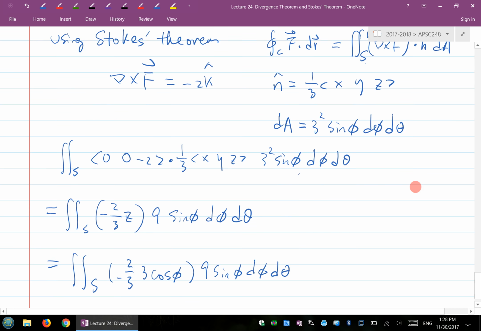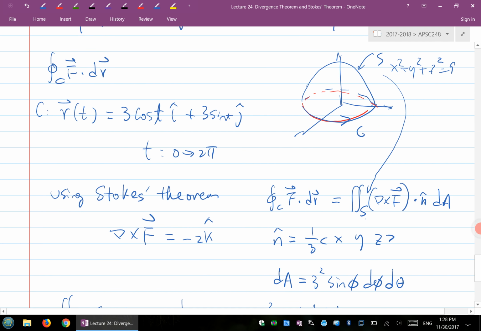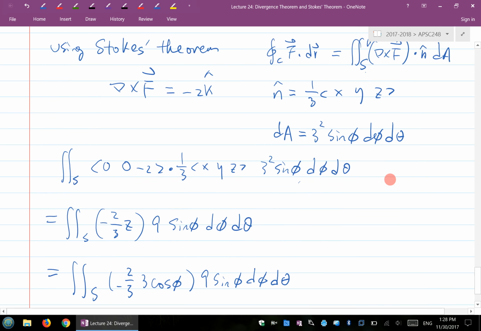The phi limits and the theta limits are based on the given half sphere. You find the phi limits by looking at the angle between the z-axis and this reading line. Starting from the z-axis up to this location, phi goes from 0 to pi over 2.